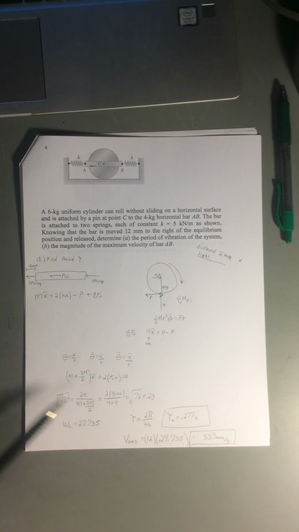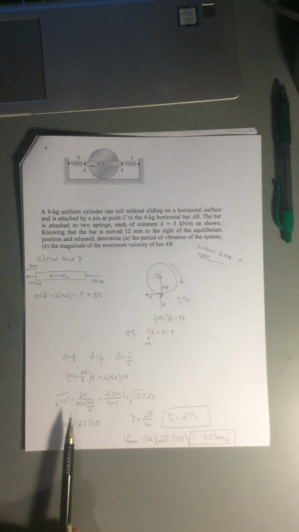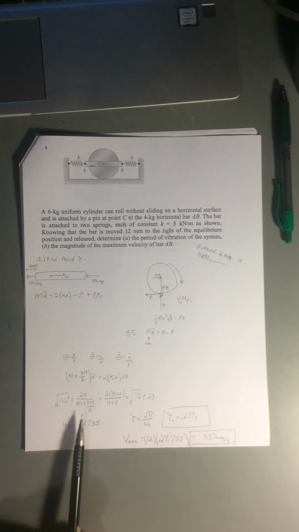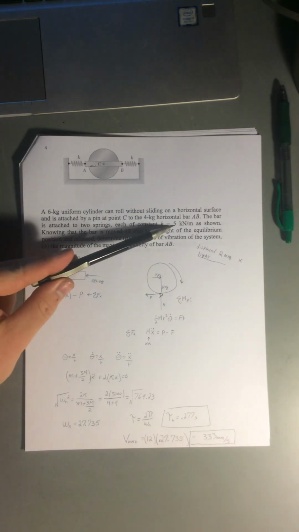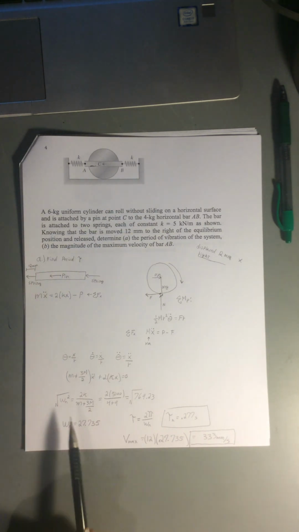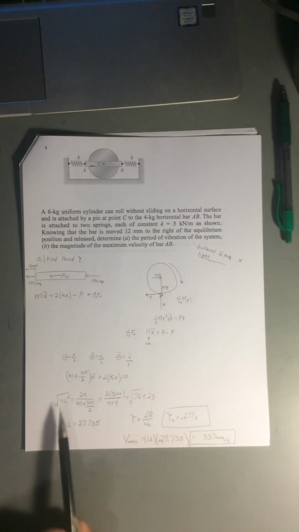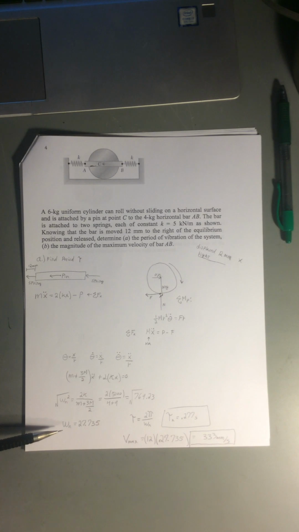Taking this and the equation we know for our natural frequency, we can write this equation here for omega n squared. Everything else was given in the problem, so we can plug in the given masses and spring constant K of 5 kilonewtons per meter. Then we take the square root of both sides to find that our natural frequency omega n is 27.735.